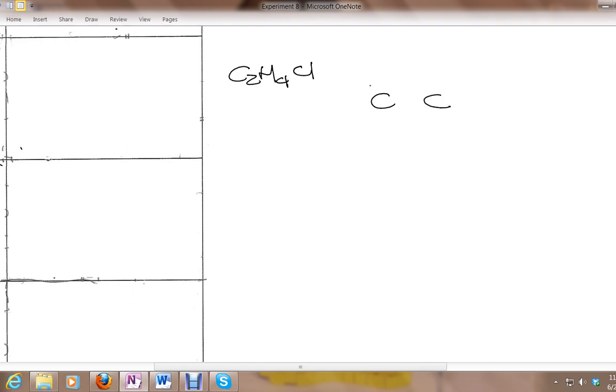Now, this is the one that we did, and it's one Cl here. Let's do it up and down. The other Cl here, and we have one H. No, let's do it on the right, and one H. Now, what's going to happen?